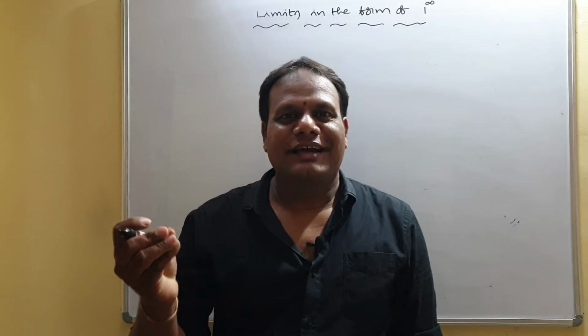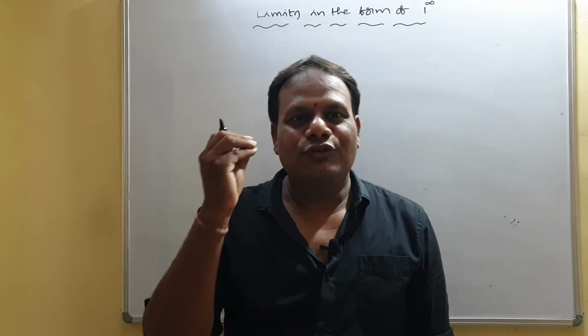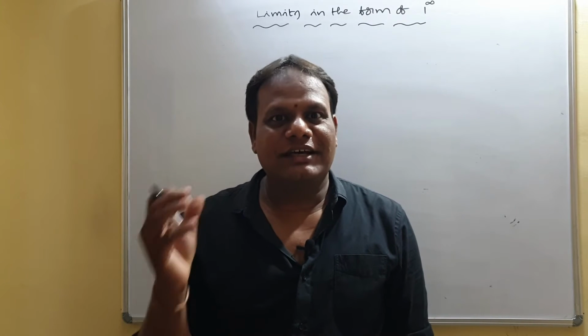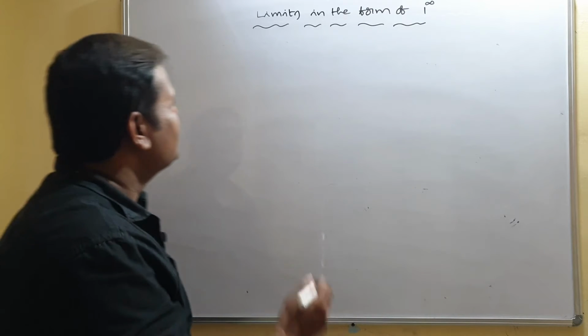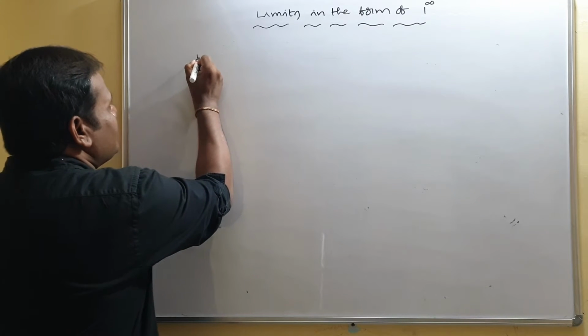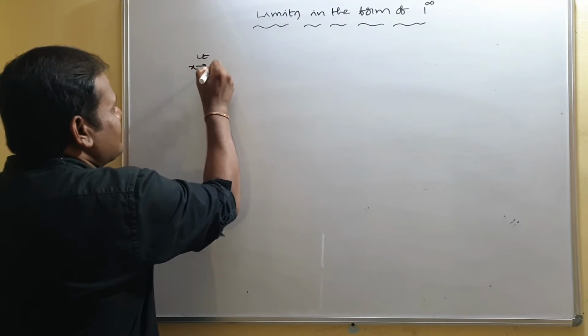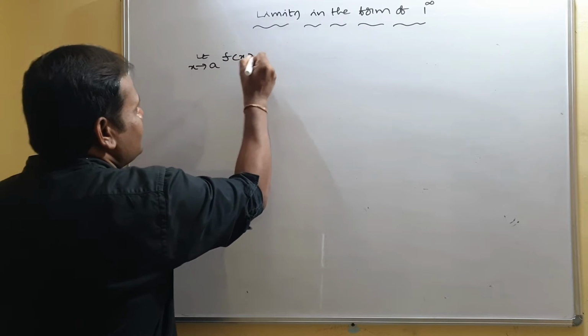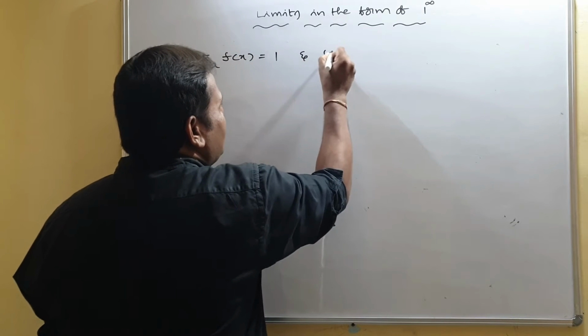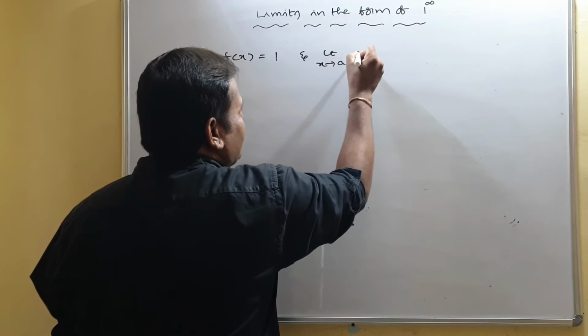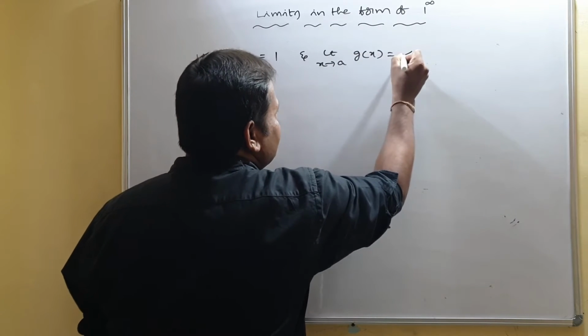In today's class, I am going to discuss how to evaluate limits which are in the form of 1 power infinity. Suppose I take a function where limit x tends to a f of x is equal to 1 and limit x tends to a g of x is infinity.